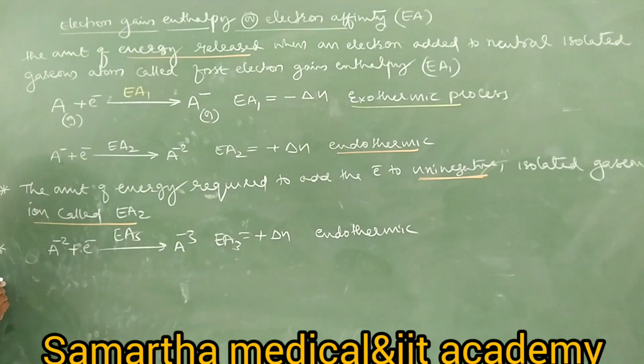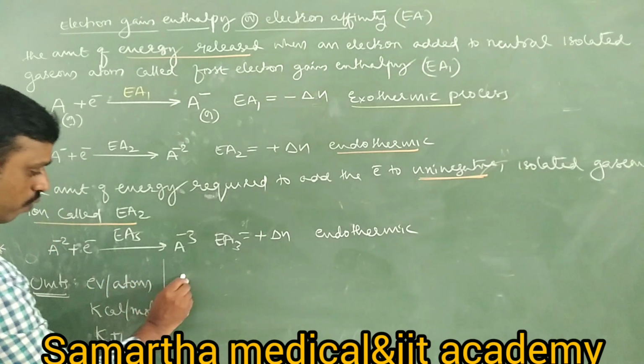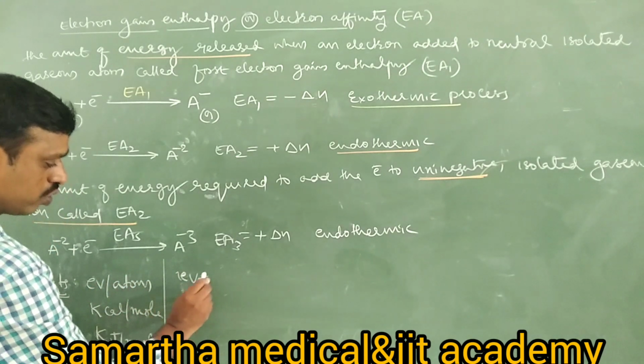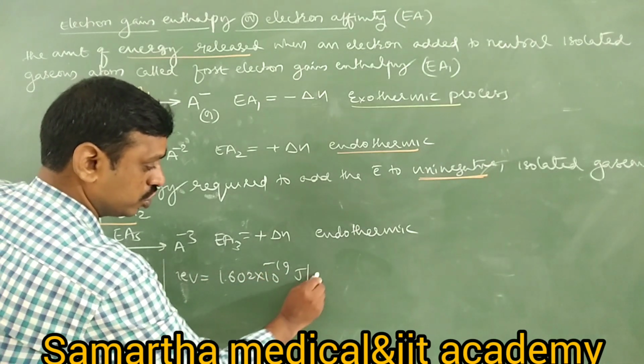Next, what are the units of electron gain enthalpy? It is energy units, no? The same: electron volt per atom, kilocalories per mole, kilojoules per mole, same as ionization enthalpy. Next, conversions are also important. 1 electron volt equals 1.602 into 10 power minus 19 joules per atom.